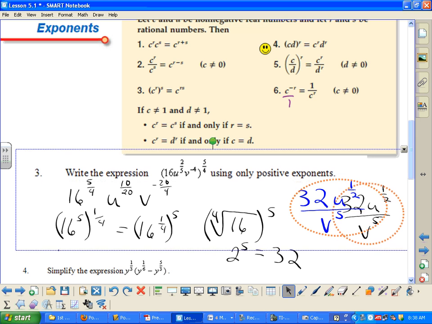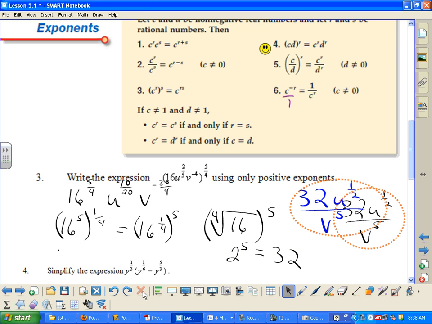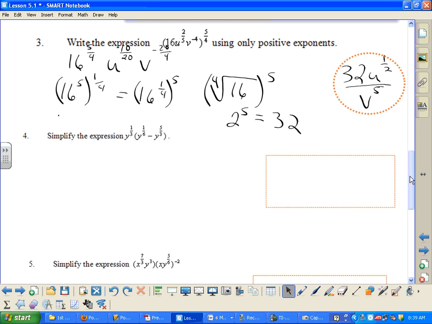There we go: 32 u to the 1/2, over v to the 5th. Okay, so you go ahead and try to do number 4.